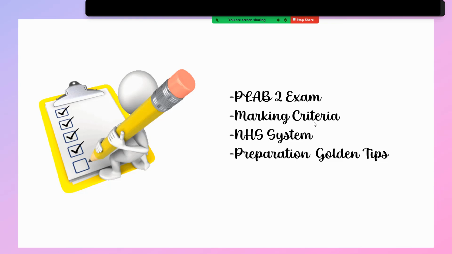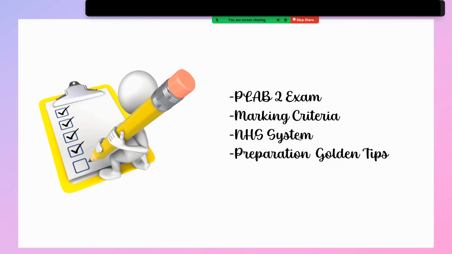You have to know the marking criteria and what is required from you in the exam before knowing the sources and the material. All right? Why is the NHS system important?